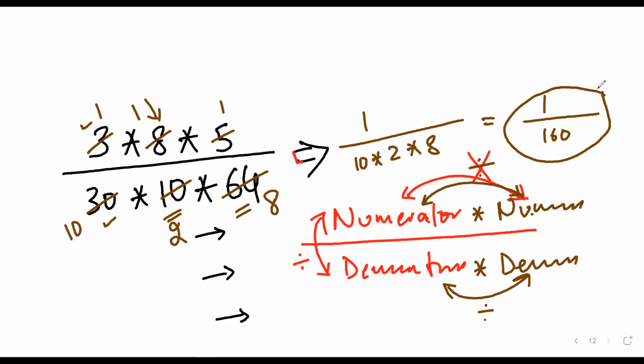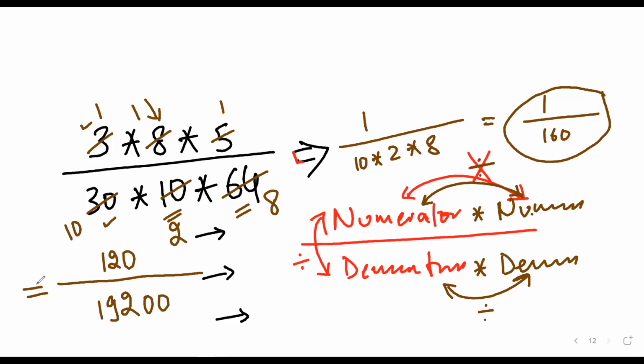No. See why I am telling you this? Because I have seen students multiply 3 into 8 into 5. So 8 fives are 40 and 120. And they'll multiply 30 into 10 into 64, which gives 19200.